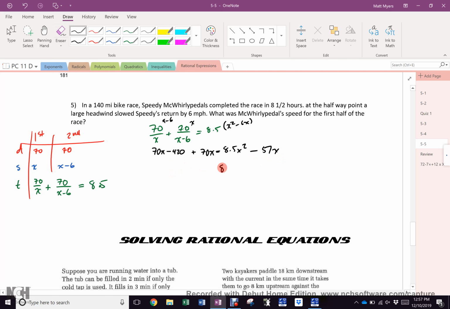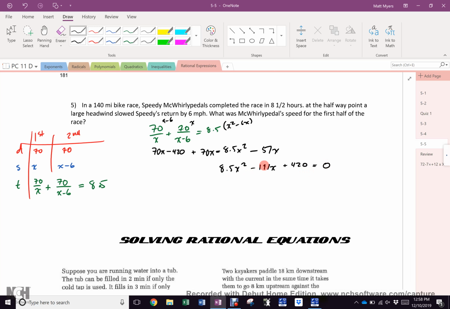Collect it all up. 8.5x squared minus 191x plus 420. Right? Equals what? What do I need? Roots. How do I find roots? Quadratic formula, or if you're good friends with your graphing calculator, graph that and find the zeros, yes?